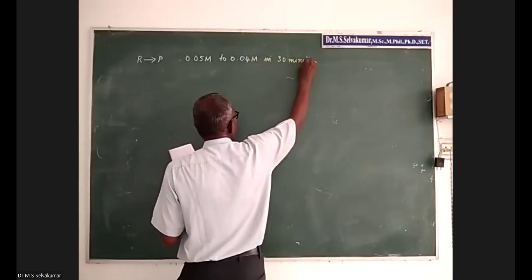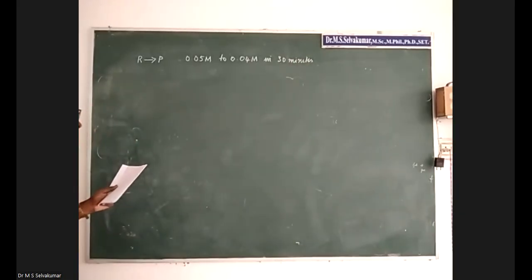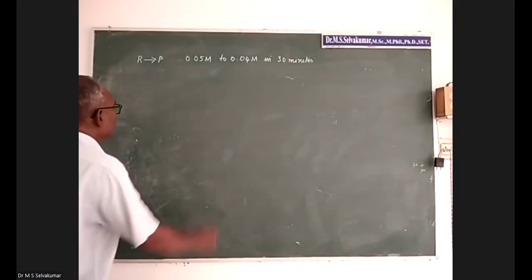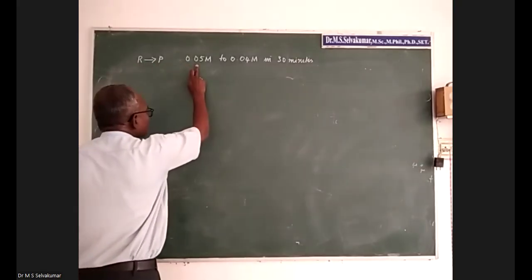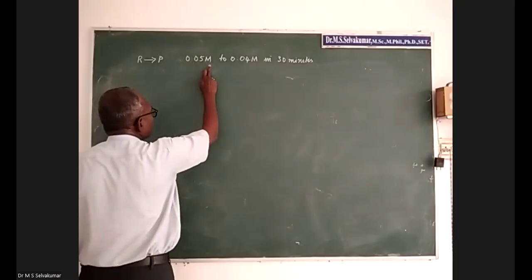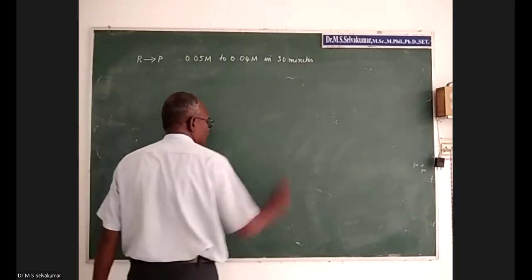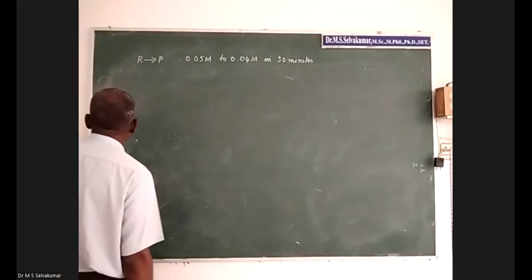In 30 minutes, what will be the average rate of the reaction? It's a very simple problem, but this gives you the fundamental idea about the kinetics. So the reactant is becoming product. The concentration changes from 0.05 molar to 0.04 molar in 30 minutes. What is the average rate of the reaction?